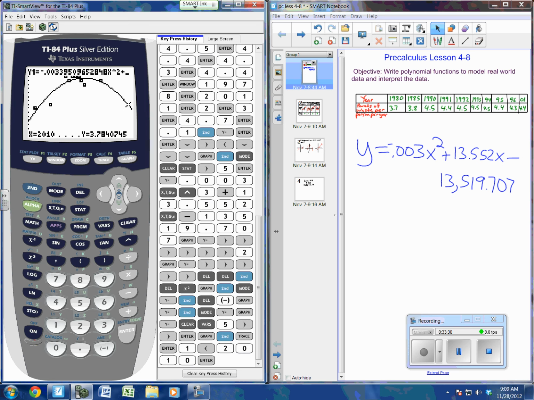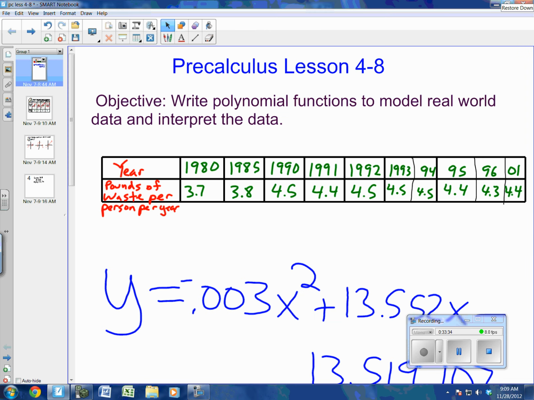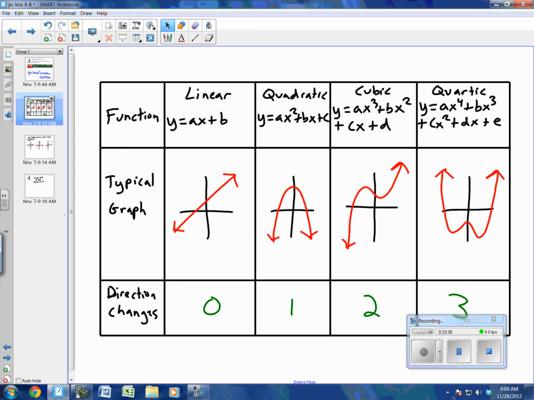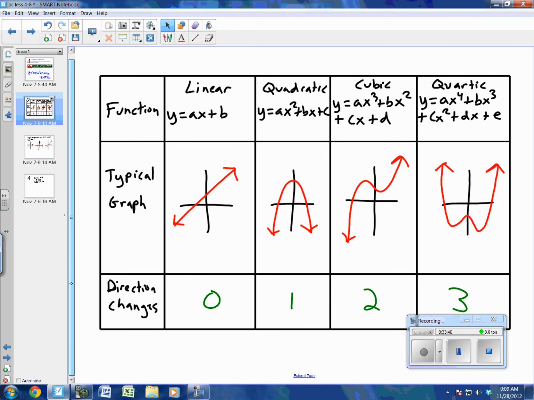Okay, we're going to move on a little bit here. I just wanted to show you this graph again. We kind of talked about it on the bell work, but the types of equations you're going to be modeling today are either going to be linear, quadratic, cubic, or to the 4th power, which we call quartic.